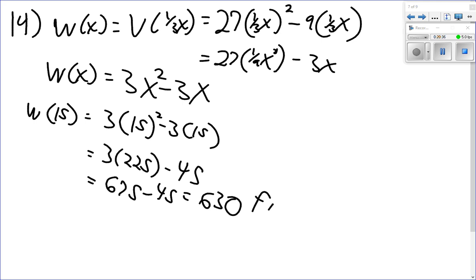And I believe that's in cubic feet. It represents volume in cubic feet. Okay. Next question.